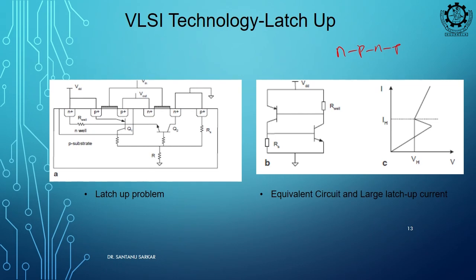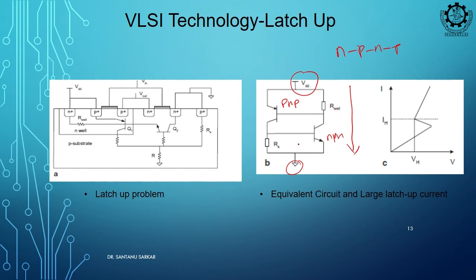And if it is turned on, large current can flow from VDD to ground. Suppose this circuit is on somehow. This circuit is not really existing there, but because of the junctions and connections, these parasitic connections are formed, and if not properly designed or addressed, what may happen? You see this is a PNP transistor, right, and this is an NPN transistor.